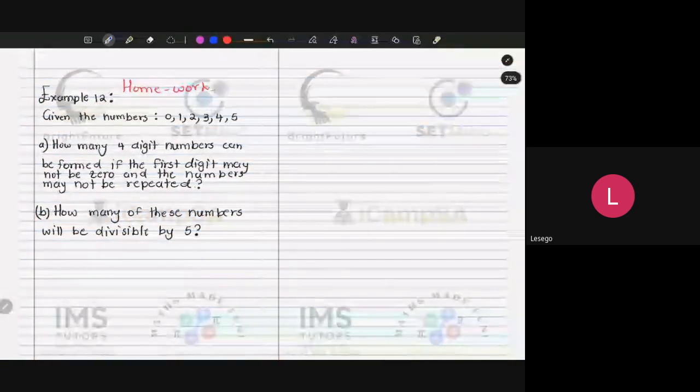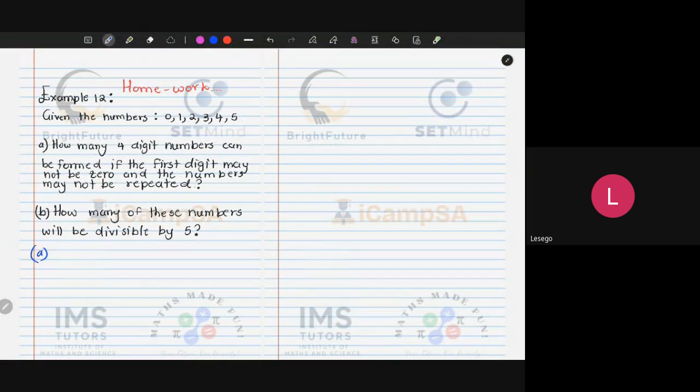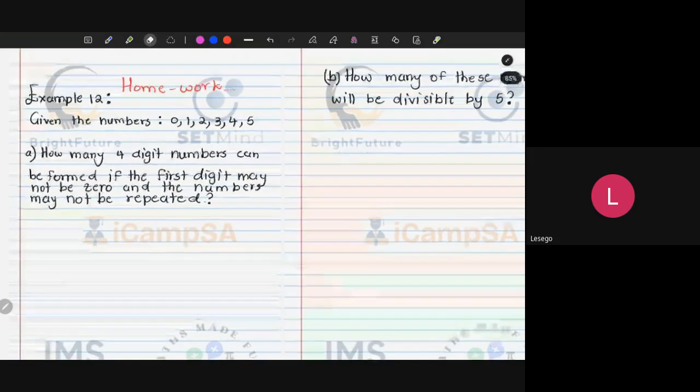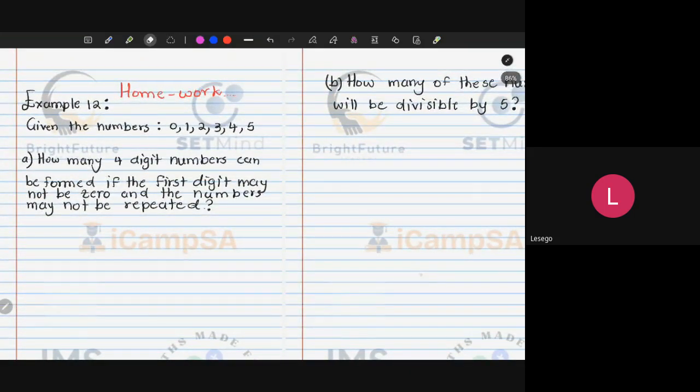Any volunteer in the meeting? Let's have a look at A. Let me move B to the other side for now. So we are required to form 4 digits. So we have 1, 2, 3, 4 spaces like this. And they say to us, out of these 4 digits, the first digit may not be 0.